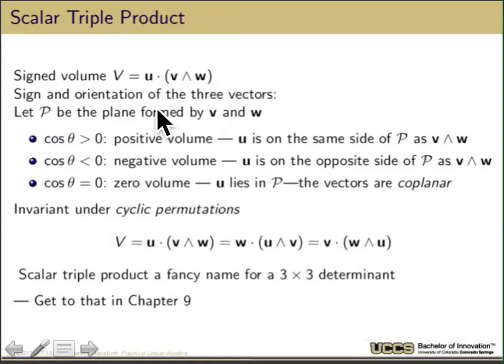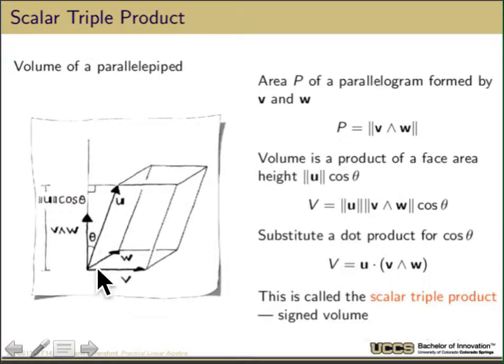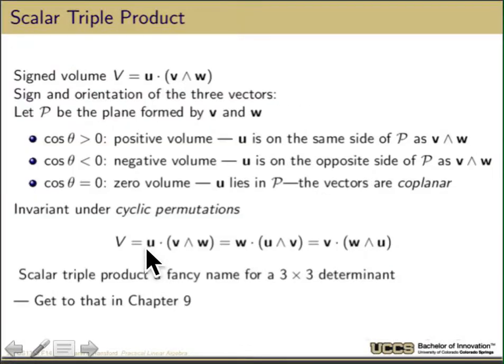Turns out that the triple scalar product is invariant under cyclic permutations, which, if you want to think about it this way, means I could relabel these three axes, U, V, and W, in any way I want, and I shouldn't change the volume. So if I take U dot V cross W, or W dot U cross V, or V dot W cross U, that's all perfectly fine.